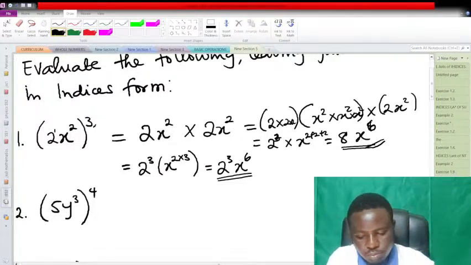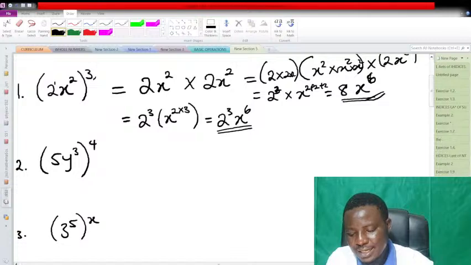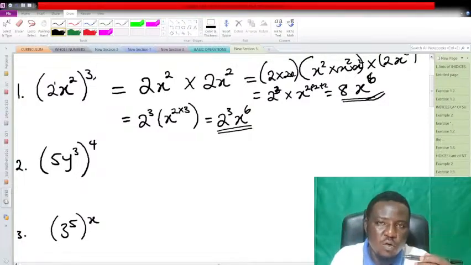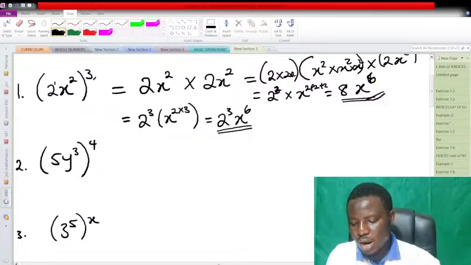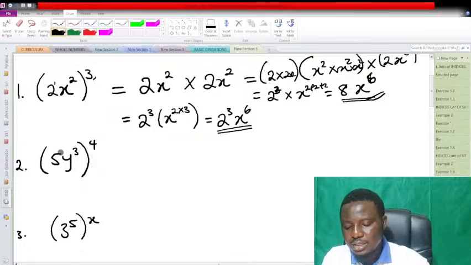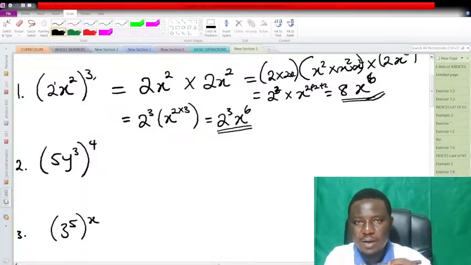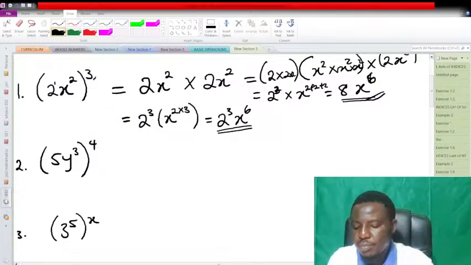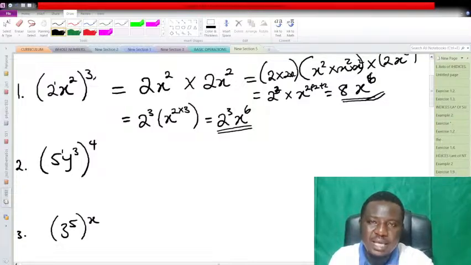Question 2 says 5y cubed all raised to the power of 4. Same thing I'm going to do. I'm going to multiply every power in that bracket by 4. When you have a constant term like this, note that this is 5 raised to the power of 1. The power there is 1.